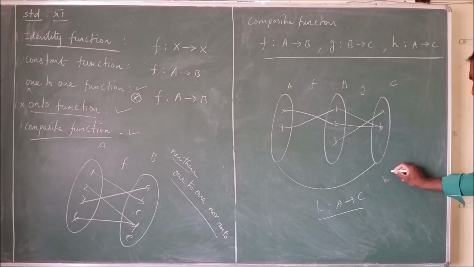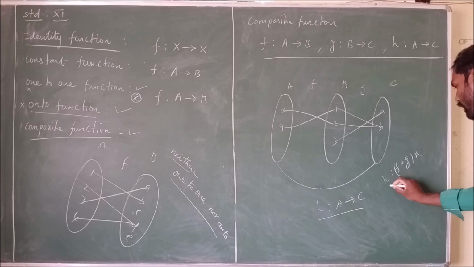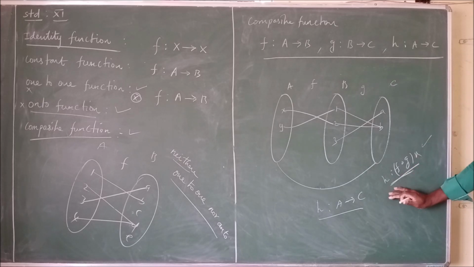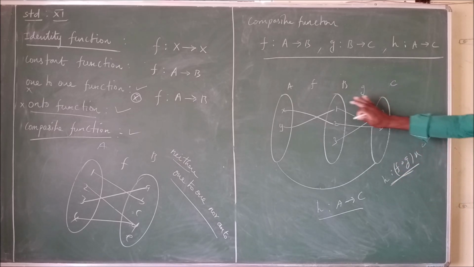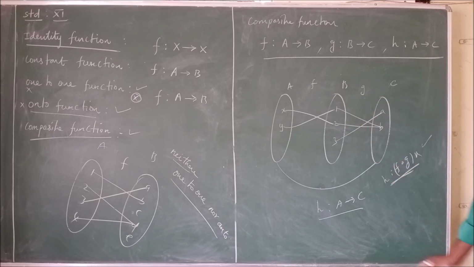Therefore, H equals F composite G of X. It is called the composite function of 3 sets A, B, C.